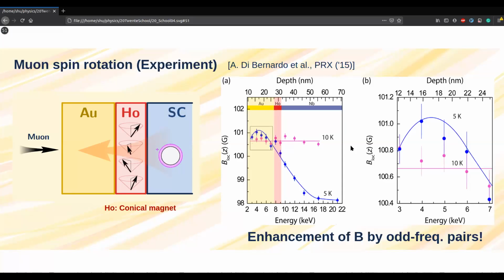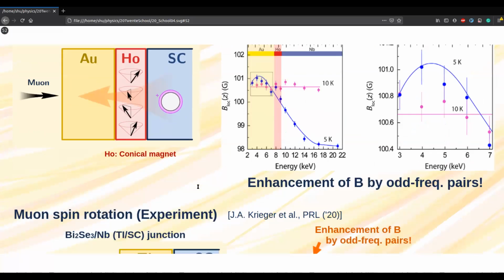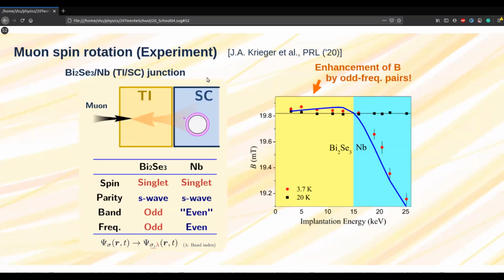This enhancement is the result of the paramagnetic Meissner effect. So now we can see that the paramagnetic response really exists and can be measured by experiment. And this year, another experiment was carried out.